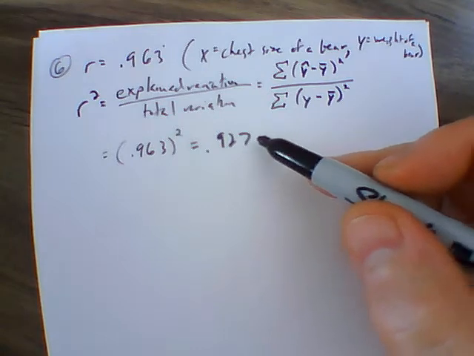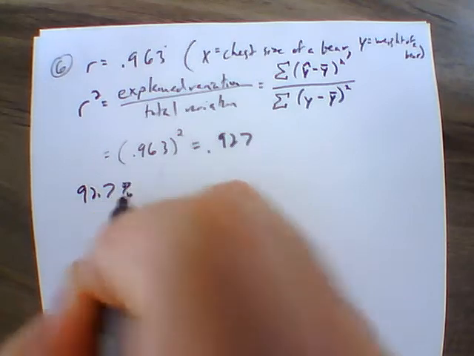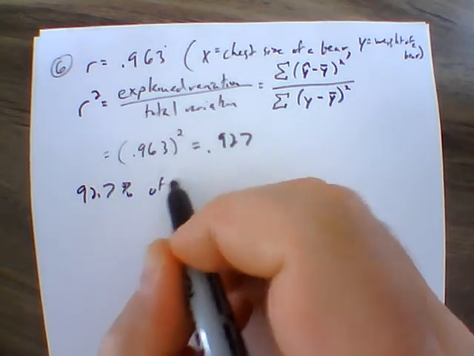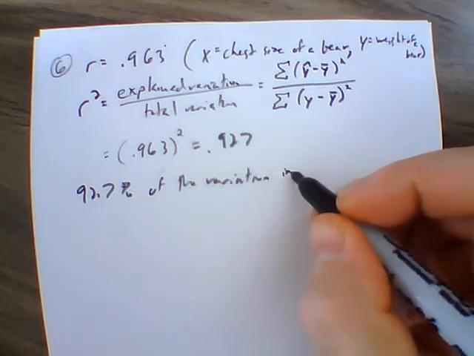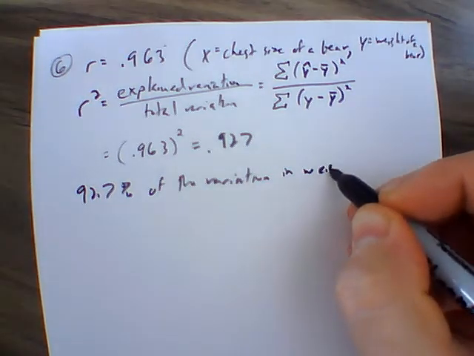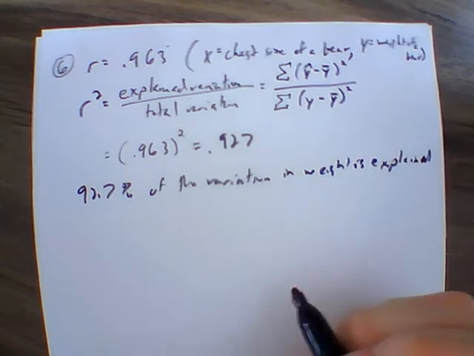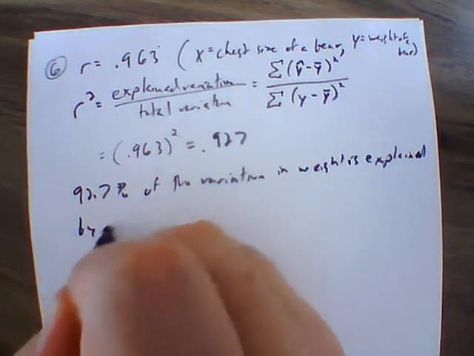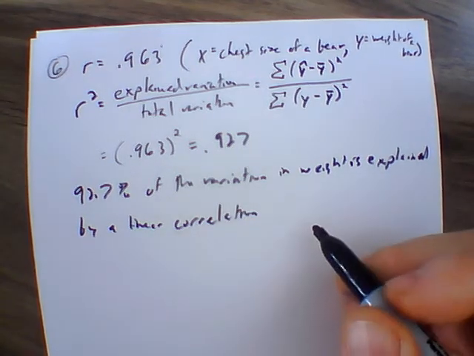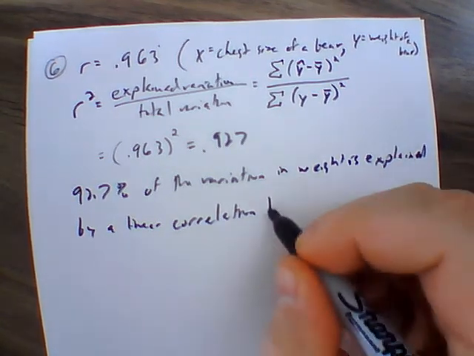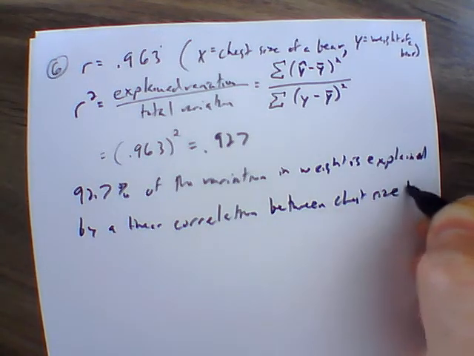So if we have 0.927, what this is now telling us is that 92.7% of the variation in weight is explained by a linear correlation between chest size and weight.